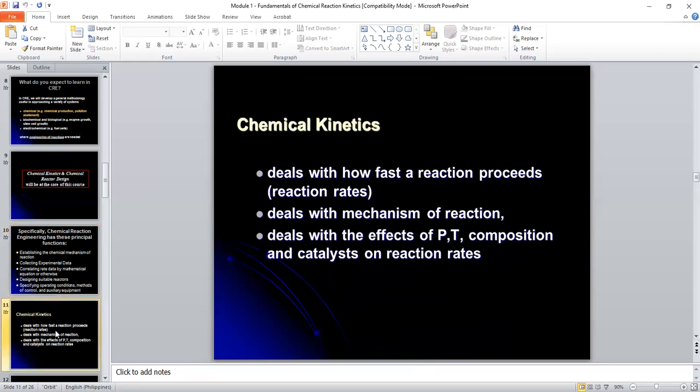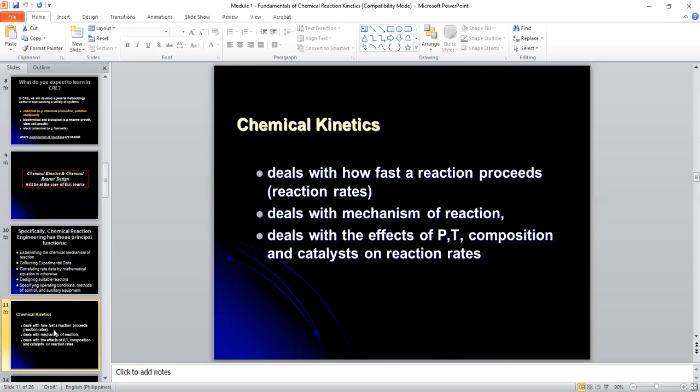Now, since the core idea for chemical reaction engineering is kinetics and reactor design, what is kinetics? I've mentioned it several times already in the course of the discussion. It deals with how fast a reaction proceeds. So in here, we quantify reaction rates.